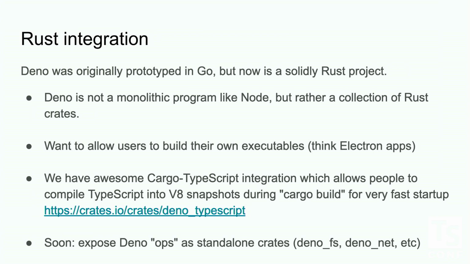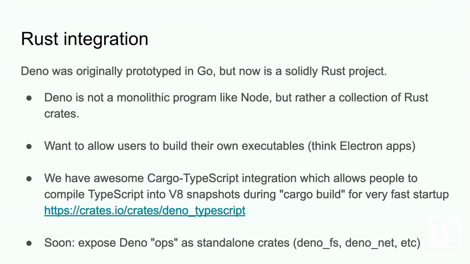Different users might not need the entire executable, but might just need to execute a bit of JavaScript or execute a bit of TypeScript. Maybe you're inside of a web server and you want to execute a little bit of code. You can opt into these various layers because we've broken this out into a collection of Rust crates.